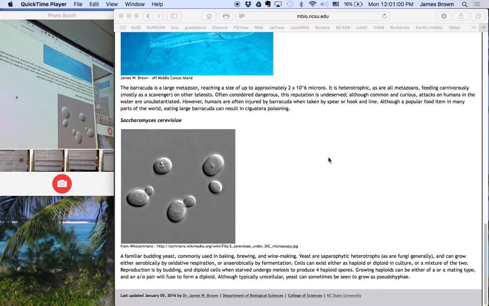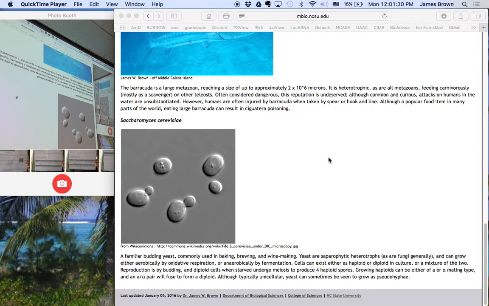And A and alpha have to come together to create a diploid. Some species of fungi, those two can both exist for extended periods of time, and both the haploid and diploid can divide and multiply. It's also common for the haploids to be essentially gametes, and so they can't divide, but have to fuse with an opposite mating type before they can move on in their life cycle.